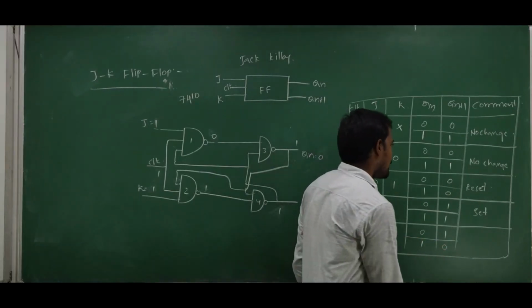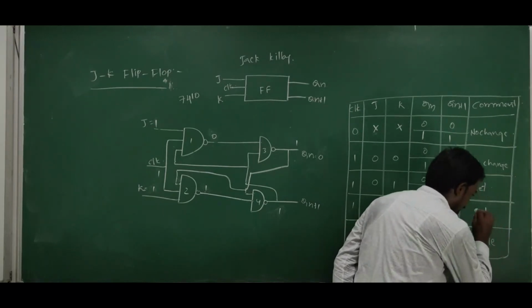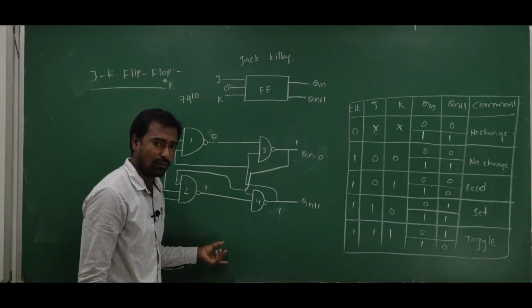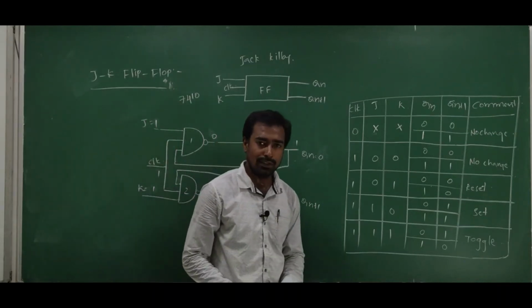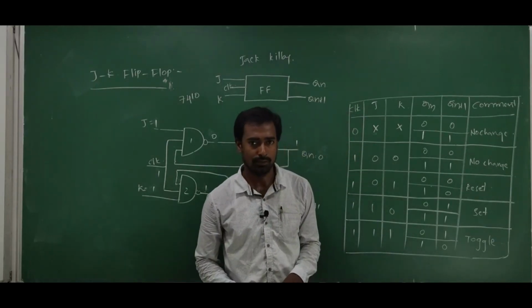So that's why this state is called the toggle state. So this is the working of JK flip-flop, and in the next class we will discuss T flip-flops and master slave JK flip-flops. Okay, thank you.